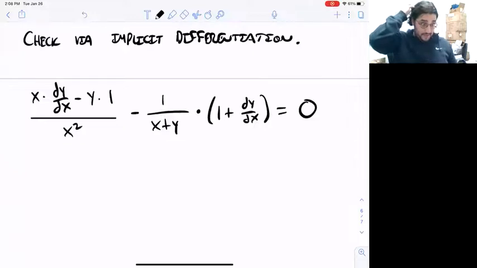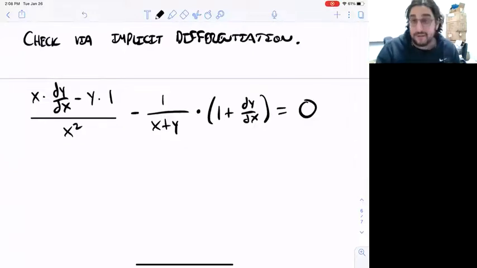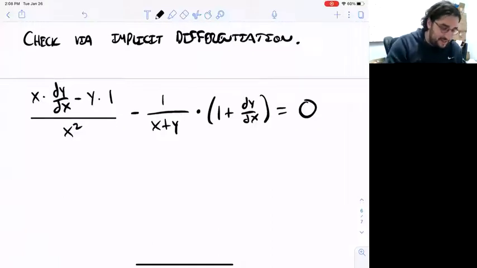So then I can solve for dy dx, right? Now this equation is all tangled up. So let's solve for dy dx. First, I want to clear some of these fractions, right? There's just way too many fractions. So let's multiply everything by x squared.